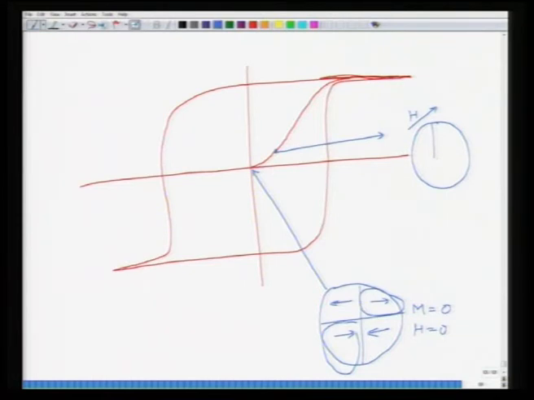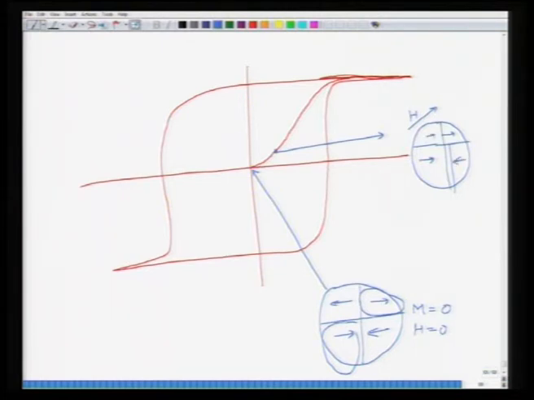So, what you have here is the growth of these domains at the expense of the others. So, this domain for instance gets bigger, and this domain gets smaller.